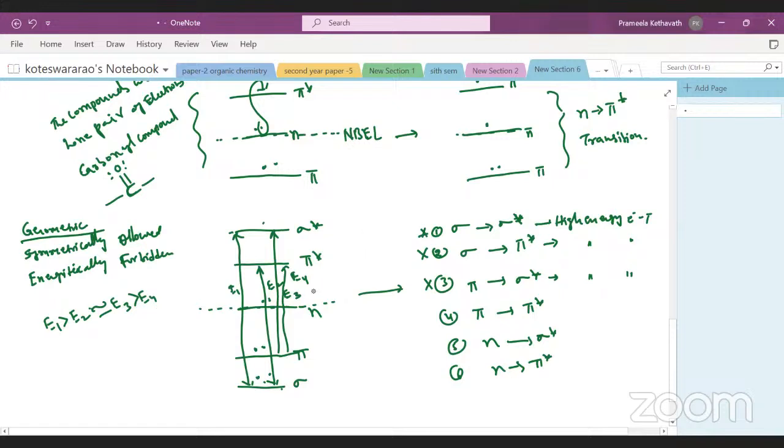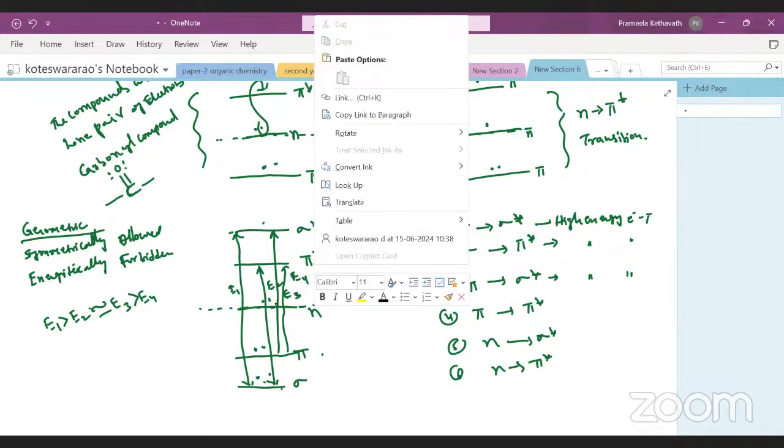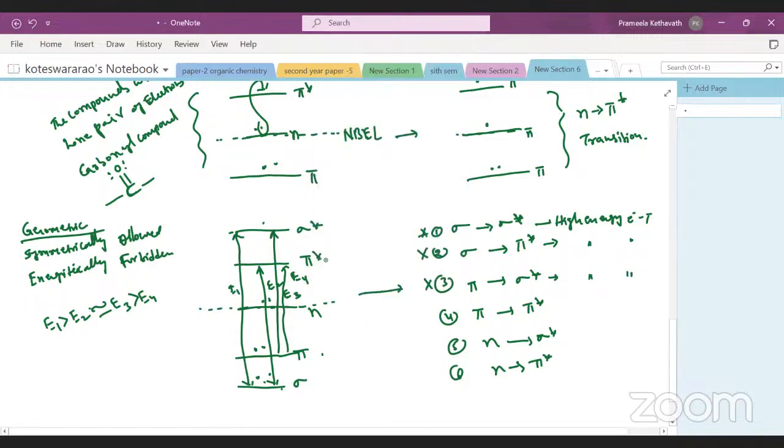The second thing is that it is symmetrically allowed, gerade to gerade, and energetically allowed. Both ways it is allowed. Therefore, in olefins and sometimes carbonyl compounds, the pi to pi star electron transition is more likely to happen. This is the highly allowed electron transition.